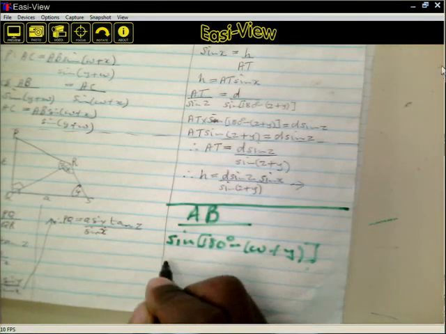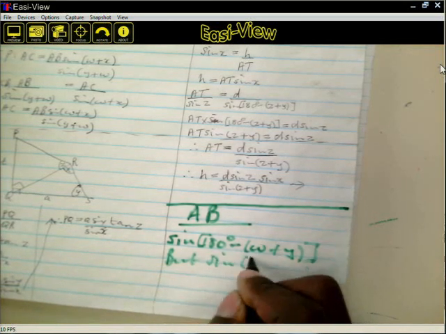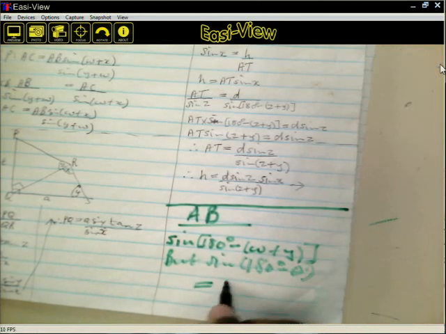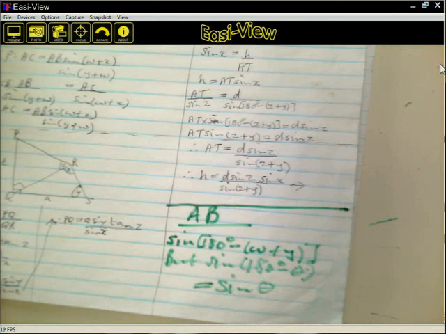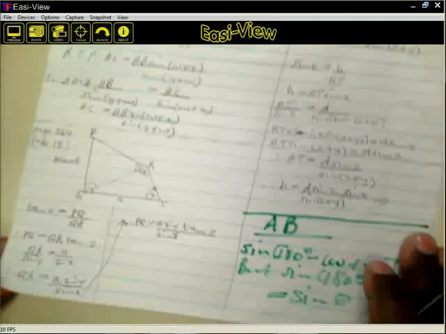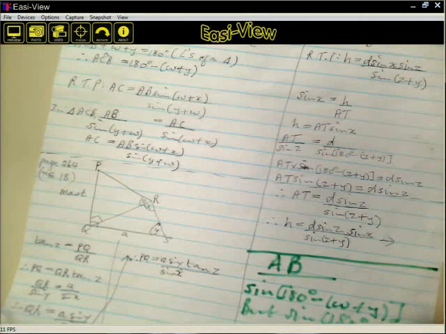Right? But the sine of 180 minus theta is equal to the sine of theta. That is why when we come back here, you find that it is AB over the sine of (Y plus W).